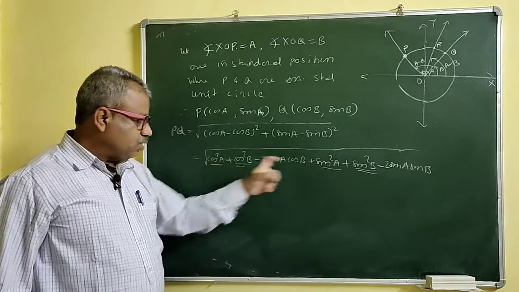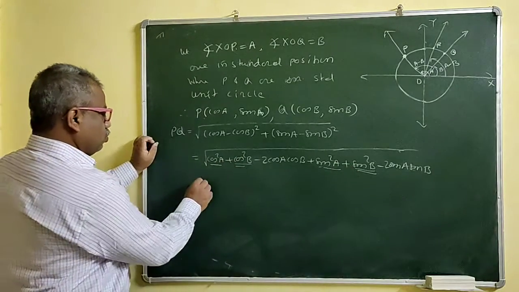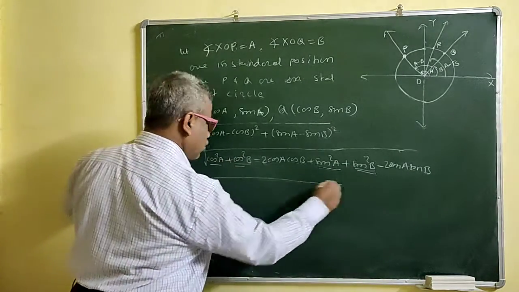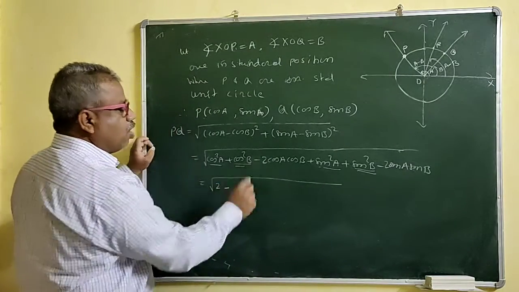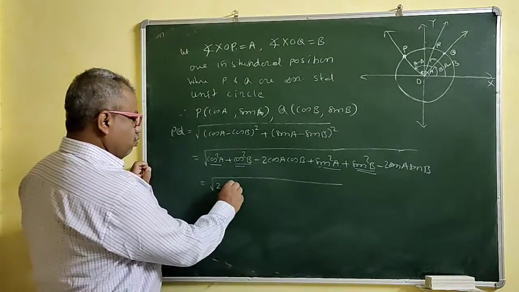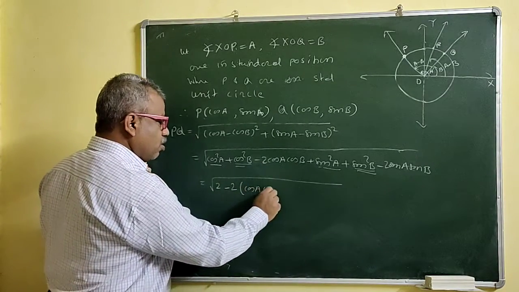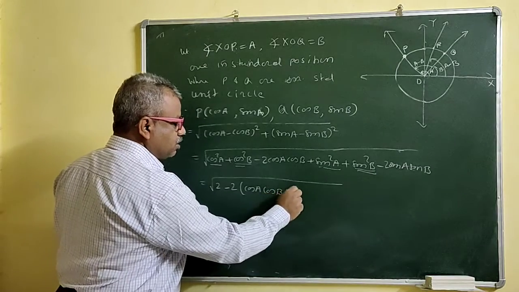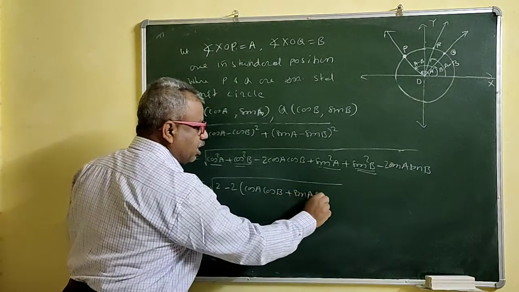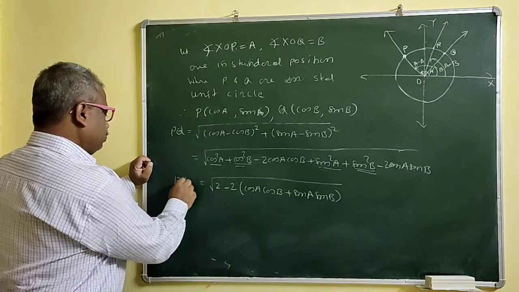So 1 plus 1 is 2, and this is the root of 2. I will take that 2 common, and take the minus sign common. So we get cos A cos B plus sin A sin B. This is your PQ.